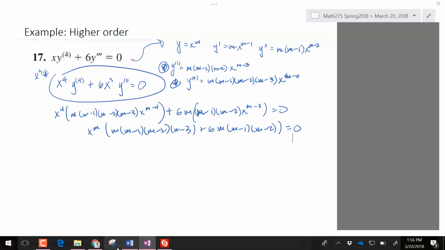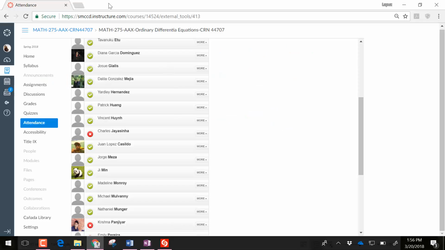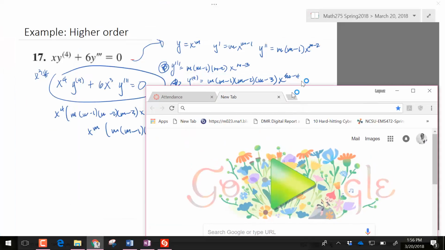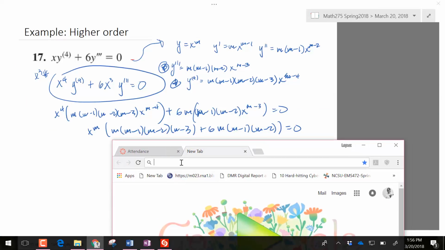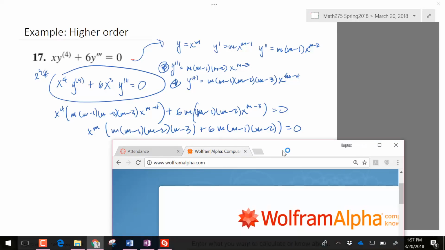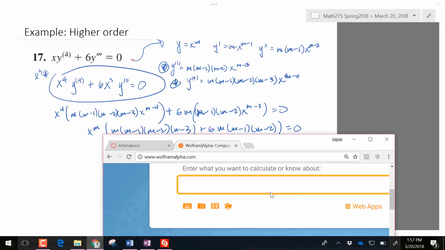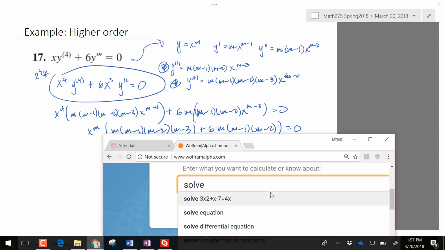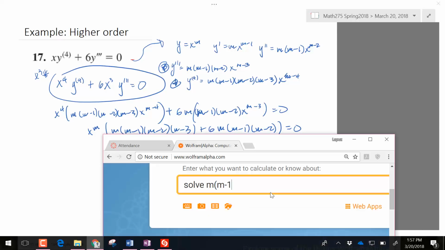In fact, I'm going to ask Mathematica to find it for me. So I'm just concerned about what's inside the parentheses. You got m minus 1, m minus 2, m minus 3, and then we have plus 6, m minus 1, m minus 2.